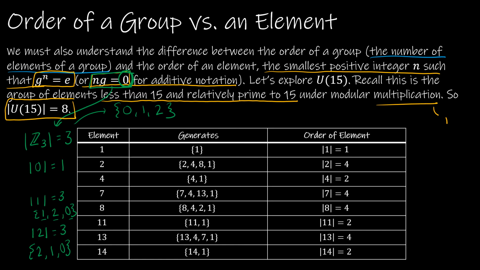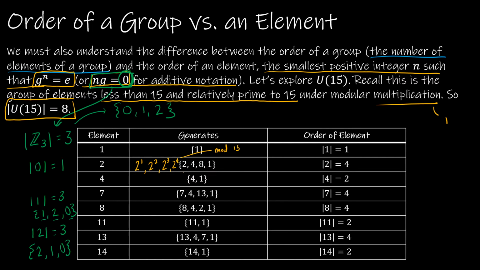Now the order of 2, notice what I've done here is I've listed under generate. So I wanted to make sure it was clear. We're saying this is 2 to the first, and this is 2 to the second, and this is 2 to the third, and this is 2 to the fourth, again under mod 15.